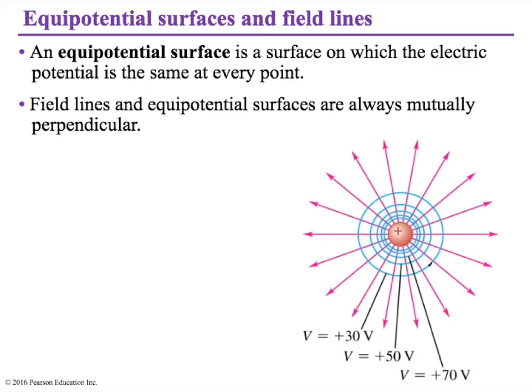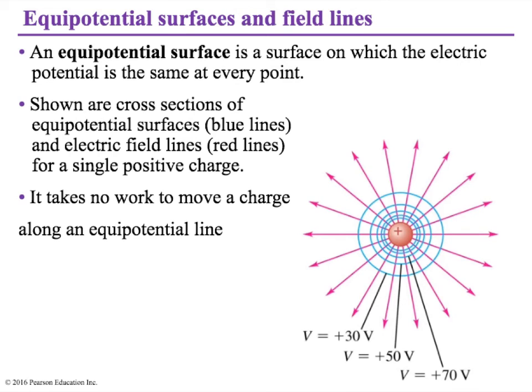What does that mean? It means, for instance, if a charge moves somewhere on this circle to some other location on the circle, it actually doesn't take any work for that to happen because the charge doesn't move through any potential difference. And so here, as it says, the blue lines are the equipotential surfaces and the red lines are the electric field.